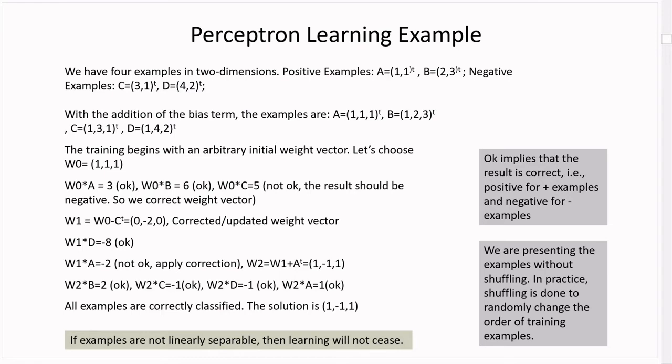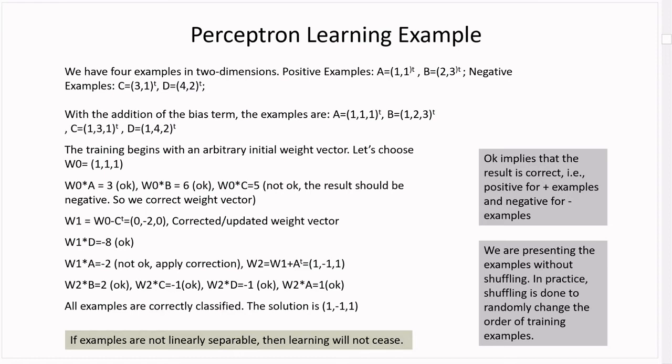Now we bring in the example D and we do the calculations. In this case, the net value is minus 8, which is fine because that is what is expected for a negative example. Now we go back and look at example A again because we made some changes to the weight vector. We want to make sure that it works for A. When we do the calculation, we find that the net value now is minus 2. That means it's not okay, so we apply the correction.